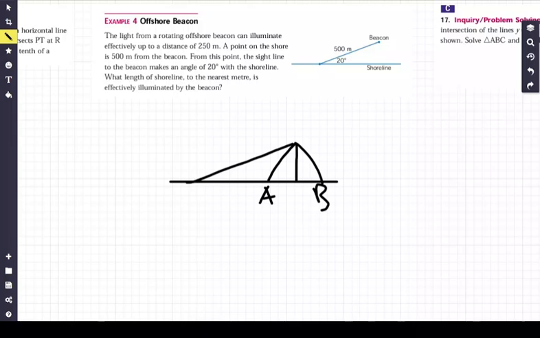First, find this part. 500. So let's use some laws. Let's use the sine law.